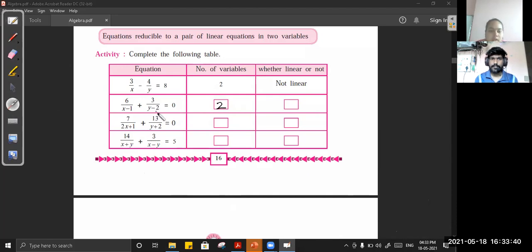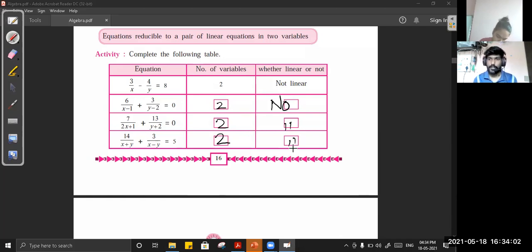And is it linear? No, not linear. Everywhere there are 2, and all of them are not linear.